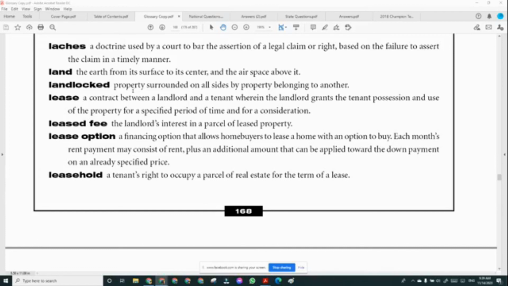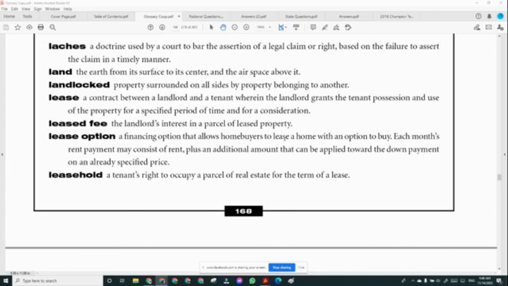Landlocked: property surrounded on all sides by property belonging to another. Okay, so let's say the front of your property is the road, and there's property behind you. However, there's no road between you and the owners to your left and to the right, but there's land behind you that belongs to somebody else.